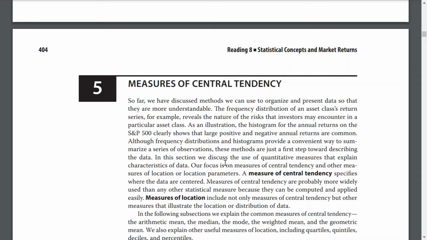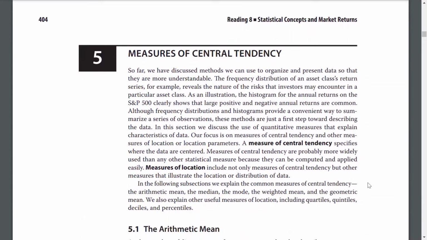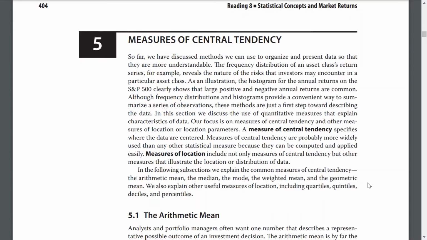As an illustration, the histogram of the annual return on the S&P 500 clearly shows that large positive and negative annual returns are common. Although frequency distributions and histograms provide a convenient way to summarize a series of observations, these methods are just a first step toward describing characteristics of data.